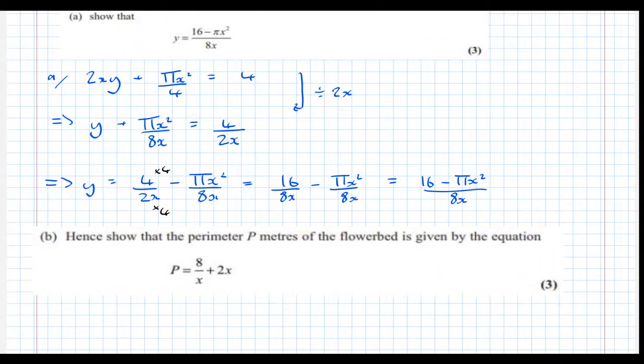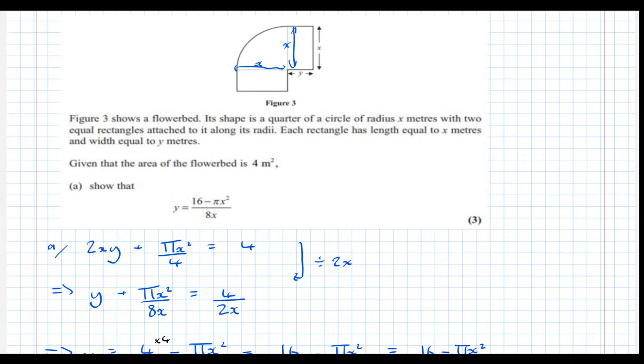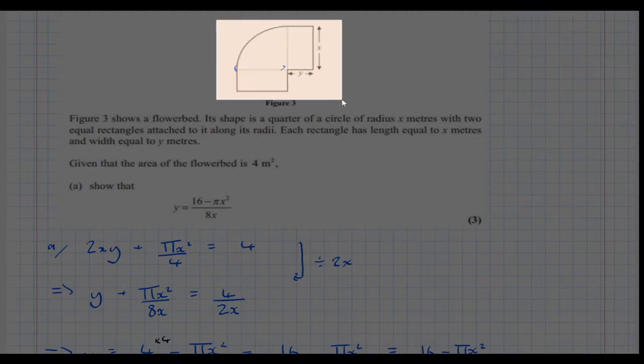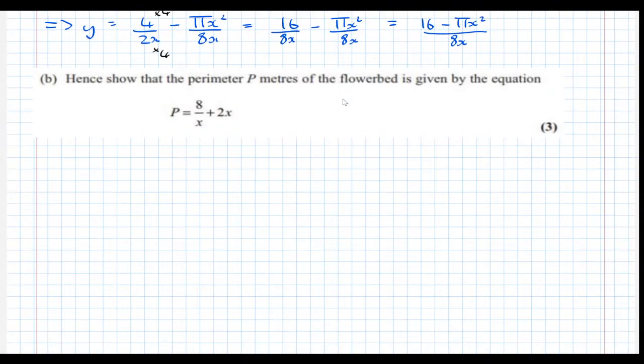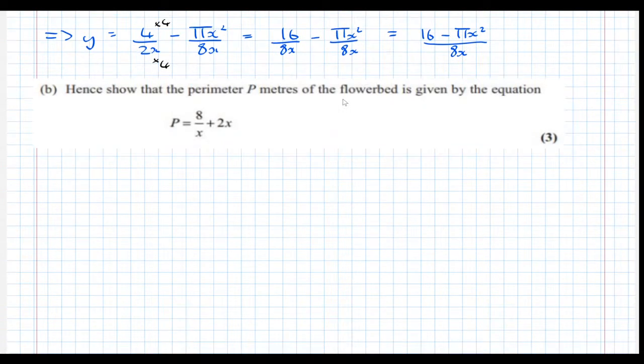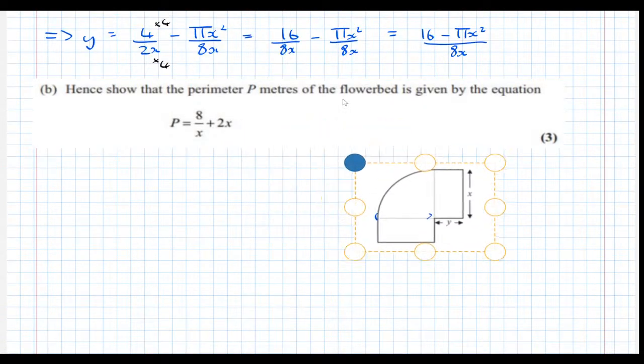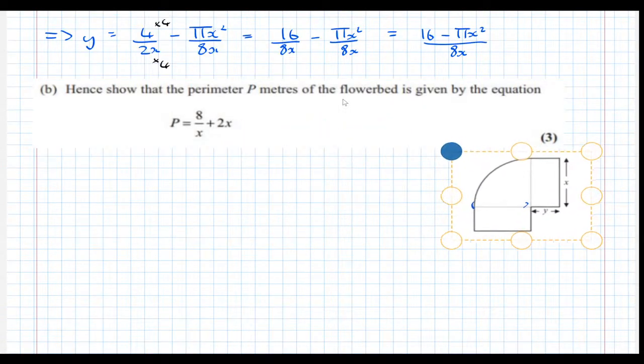What I'll do, I'll bring the diagram down as well, so that you can see, because it's going to refer to the perimeter. So there it is. There's the diagram. Hence show that the perimeter, p meters, of the flower bed is given by that.